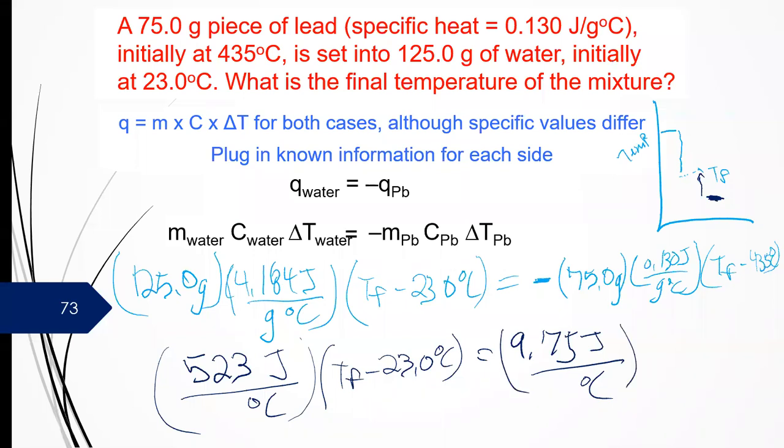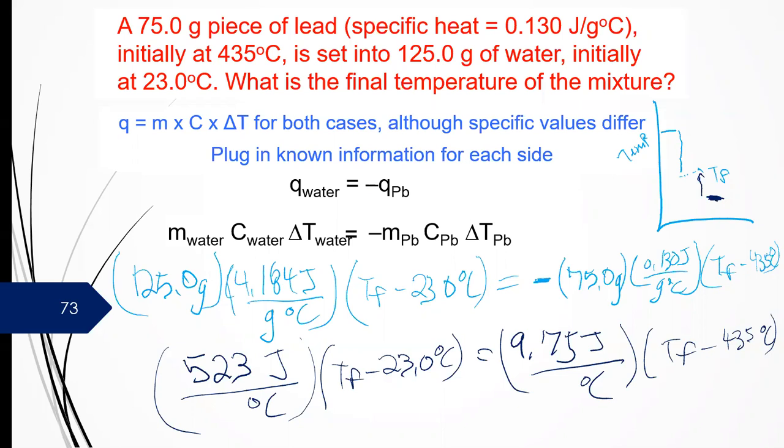And so we've consolidated these, and so now we have TF minus 435 degrees Celsius. And what we want to do now is get rid of these parentheses.